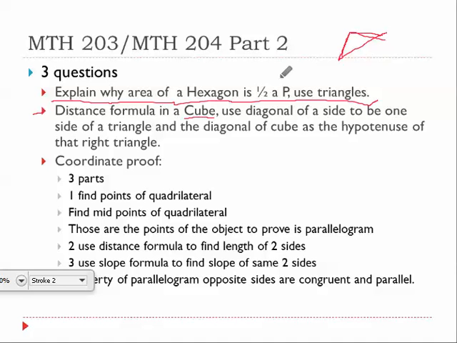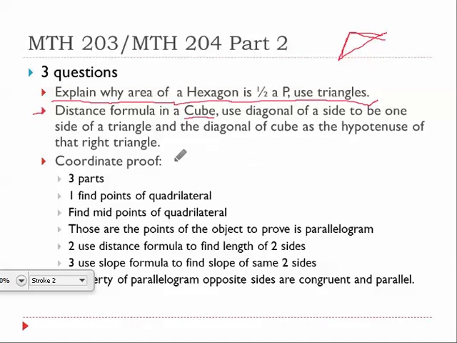I'm not stating that very clearly, but if you think about a dice, it's going from opposite corner to opposite corner, and you're going to have to use the diagonal on one side and one edge of the cube to get to the diagonal length. Okay? So it's using the Pythagorean theorem twice to get there. And I think you guys can do it.